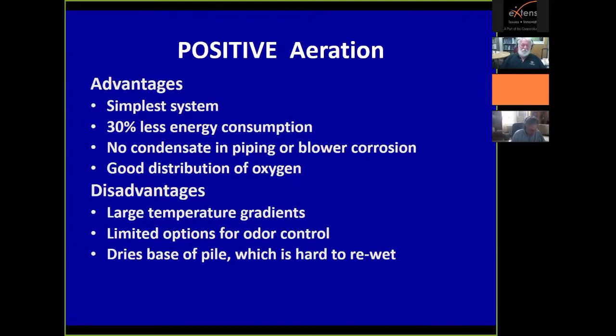There are somewhat limited options for odor control with positive aeration. We'll talk about some of them. And you do get some drying. Compost is very hard to re-wet once it's dried out to below about 35 to 38% moisture. For some reason, the material becomes very hard to wet again.